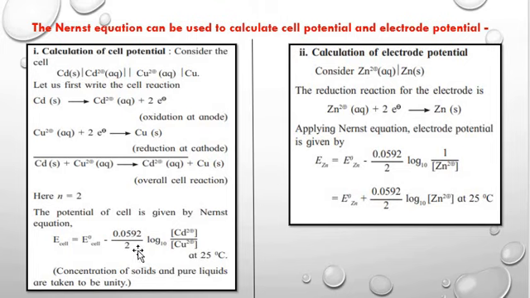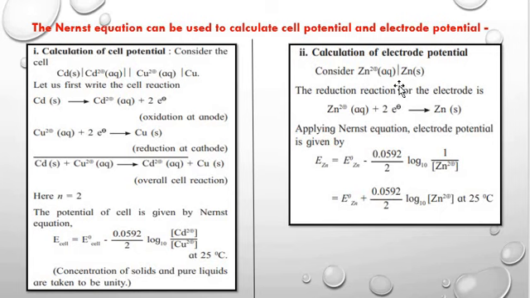Here we have substituted n by 2, and the cadmium ion is the product and the cupric ion is the reactant. We have left out the solids because the concentrations of solids are taken as unity. So we removed Cu from the product and Cd from the reactant because we have taken their values as 1.